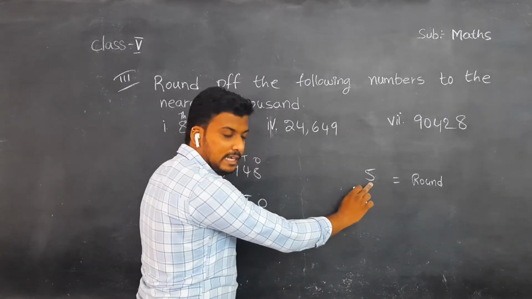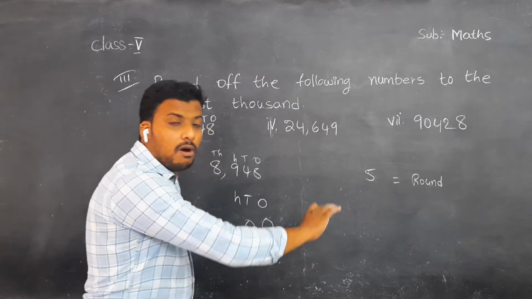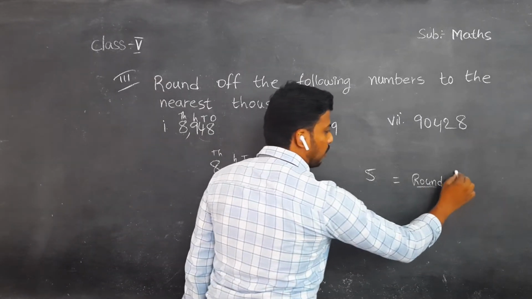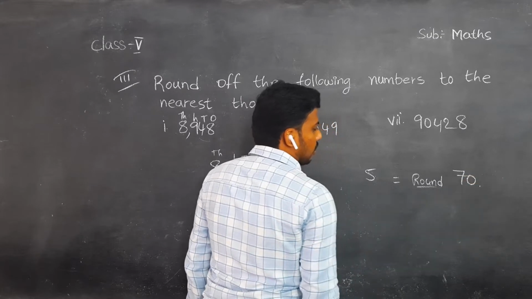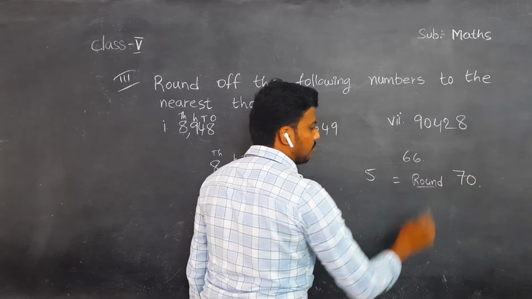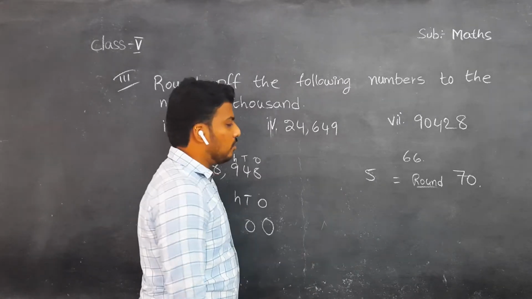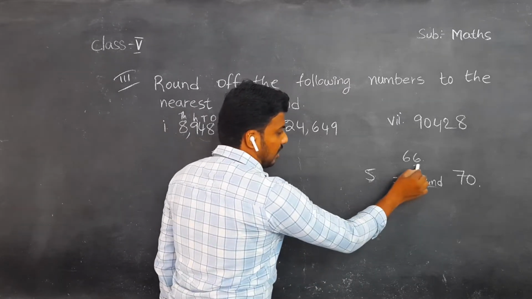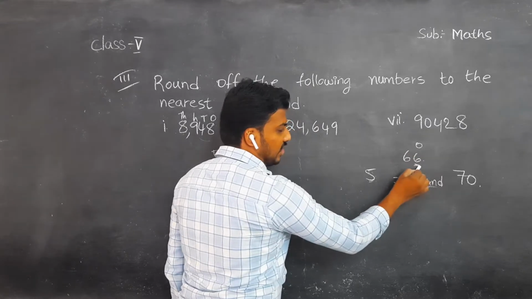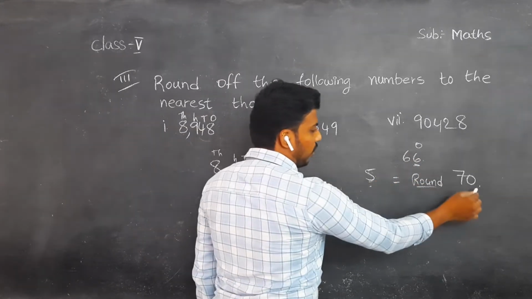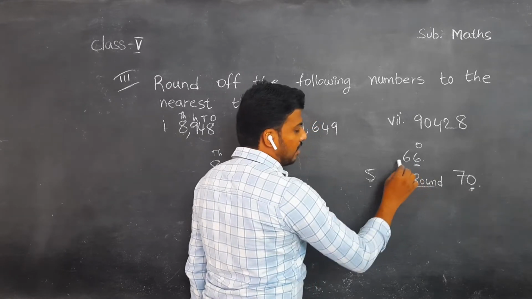If the value is equal to 5 or greater than 5, then it should be rounded off to the next value. For example, here they given 66. Children, they asked to round off to the nearest tens value. Here, in the place of ones, the value is 6. So 6 is greater than 5. So in the place of ones, you keep 0 and you increase the tens by one.